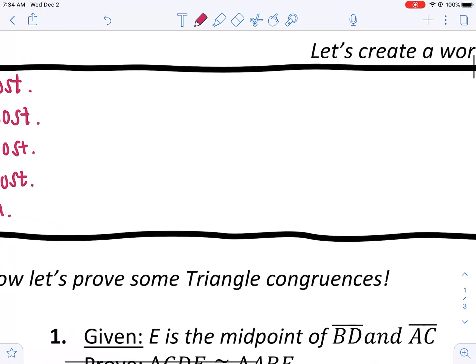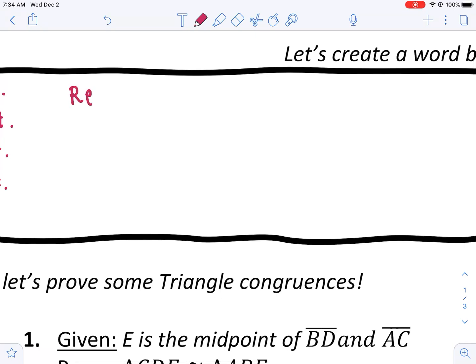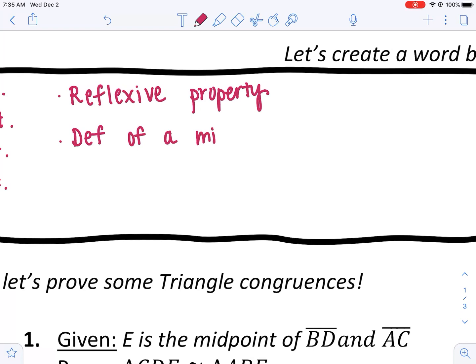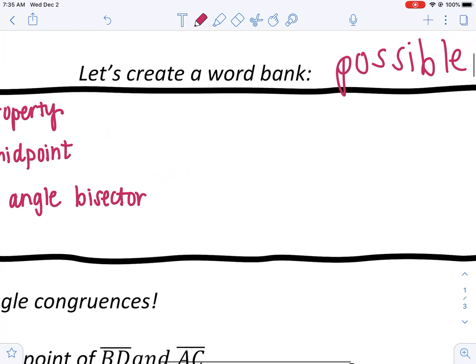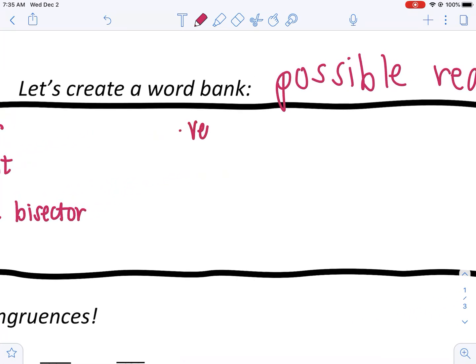And then we're also going to use things like the reflexive property, the definition of a midpoint, which we haven't used in a minute, and the definition of an angle bisector. We're always going to keep in mind our vertical angles.